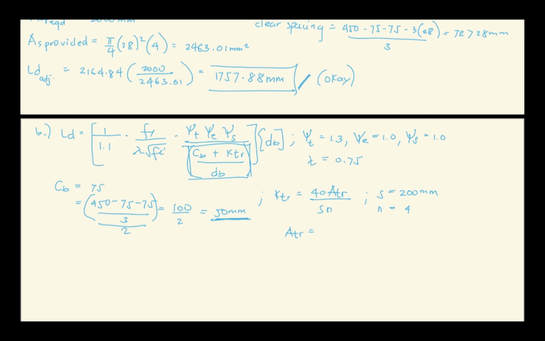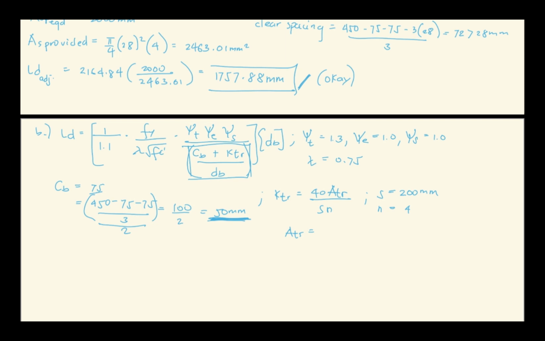Since CB with a value of 50 mm is lesser than 75, in which this 50 mm is the horizontal distance between the longitudinal bars center to center, the splitting happens in that horizontal direction.